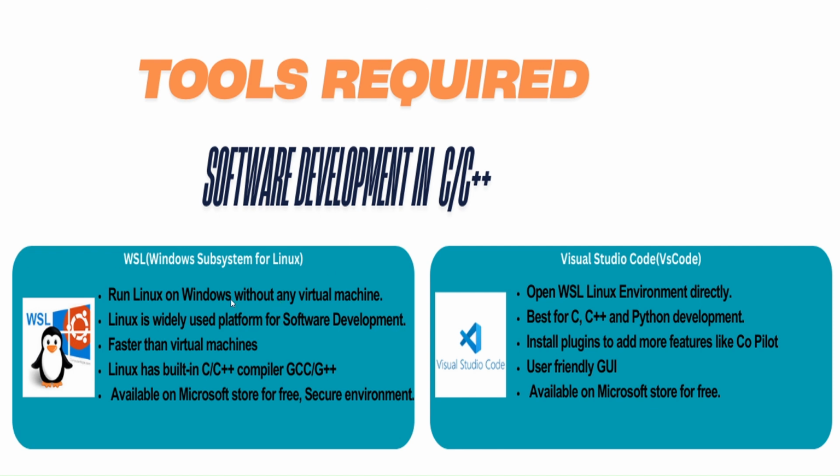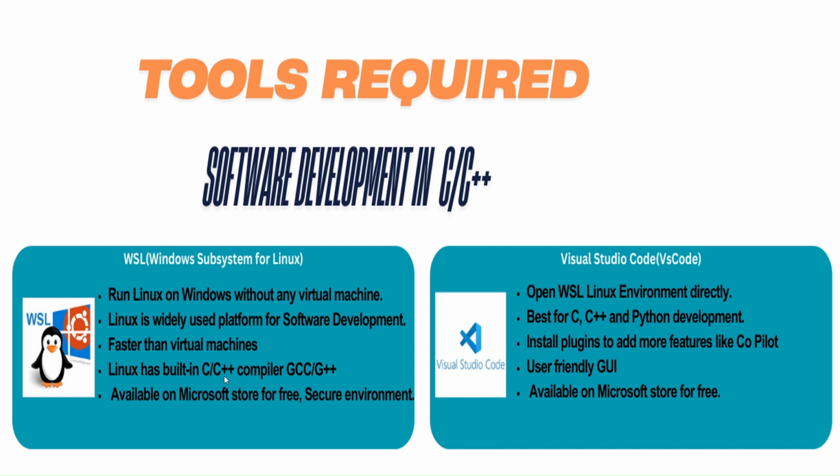So you could not use both Linux and Windows at the same time. That was the disadvantage of the dual boot system. But Windows has come up with a very nice approach where you can run Linux on your Windows system itself.